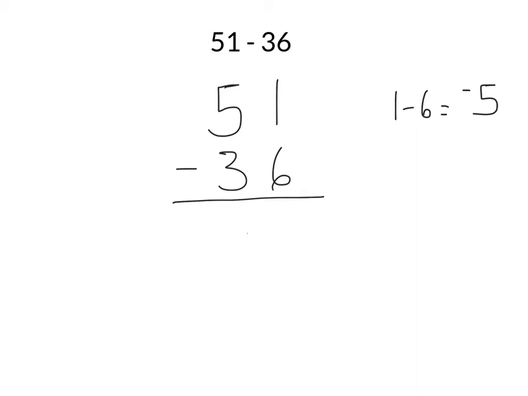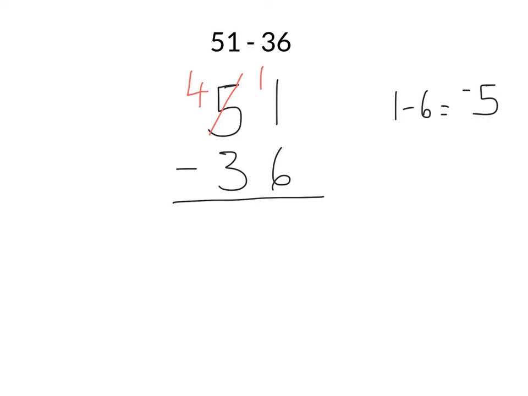And this strategy is exchanging from the tens column. So, this 5 here is actually worth 5 tens. So I'm going to take those 5 tens and I'm going to borrow a 10. So I've now got 4 tens in this column, and when we exchange a 10 into the units, it becomes 10. Therefore, 1 unit has now become 11 units.